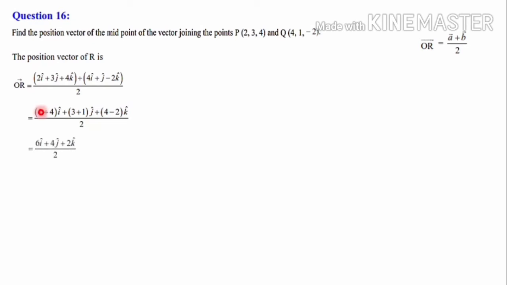That is equal to 4 plus 2 is 6 i cap, then 3 plus 1 is 4 j cap, then plus 4 minus 2, that is 2 k cap, divided by 2. If you take 2 from the numerator as common, that is 3i cap plus 2j cap plus k cap divided by 2. The 2 in numerator and denominator can be cancelled, and the final answer is 3i cap plus 2j cap plus k cap.